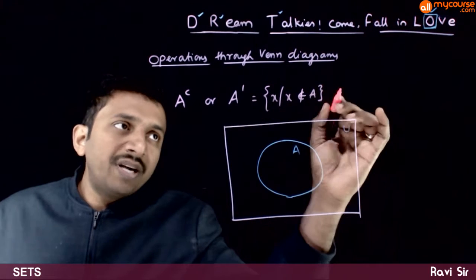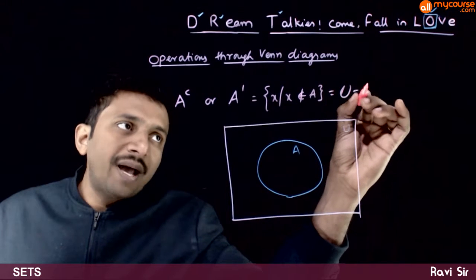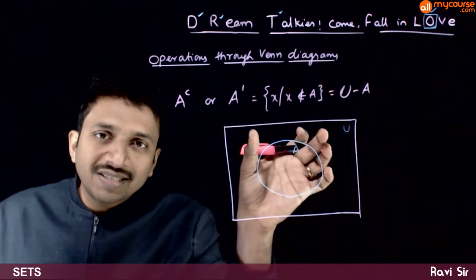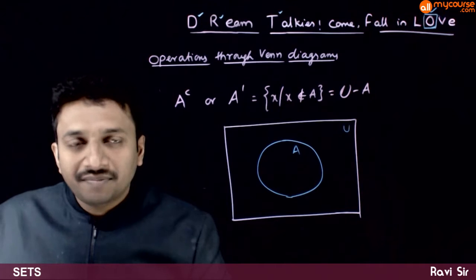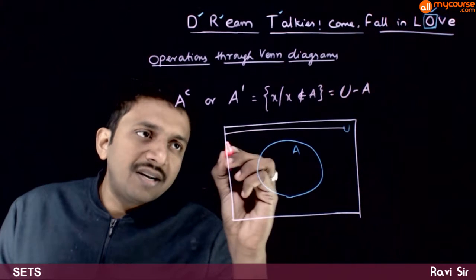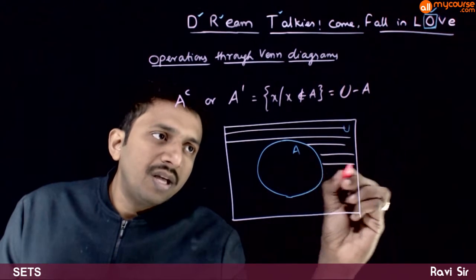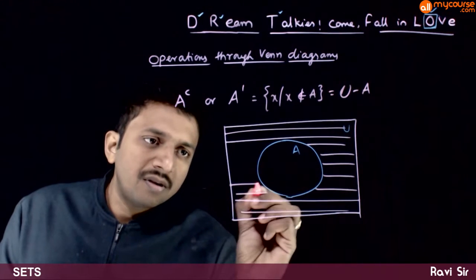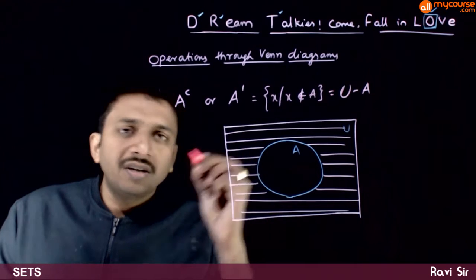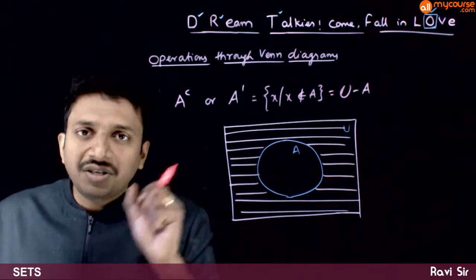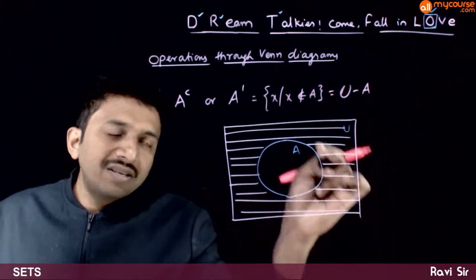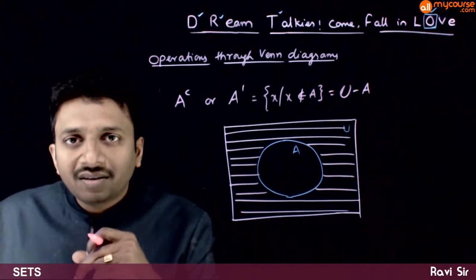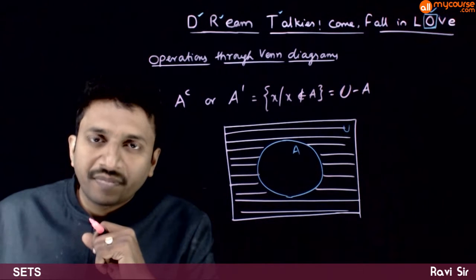So A complement is also defined as U minus A. It is the universal set excluding the elements in A. So this is the region corresponding to A complement. So all the region excluding the region A. So whatever elements are present in this region come under A complement.